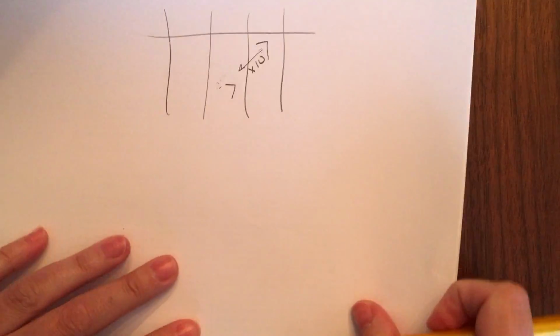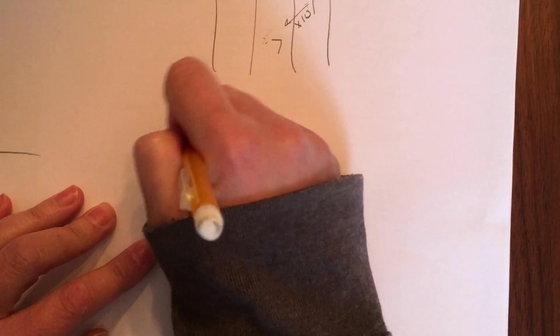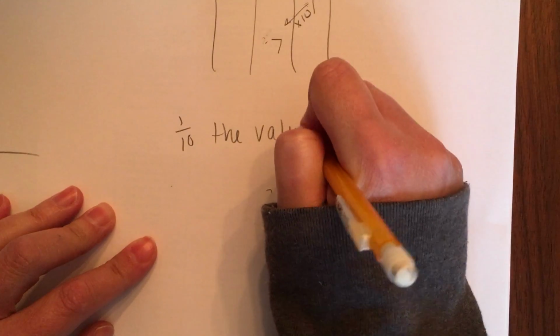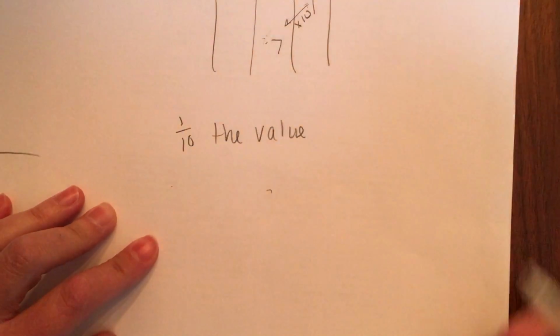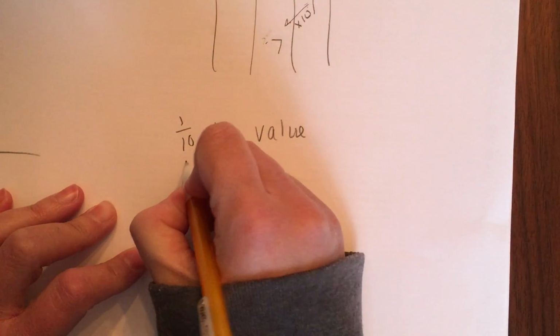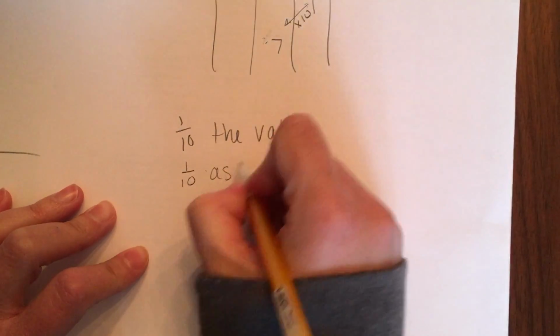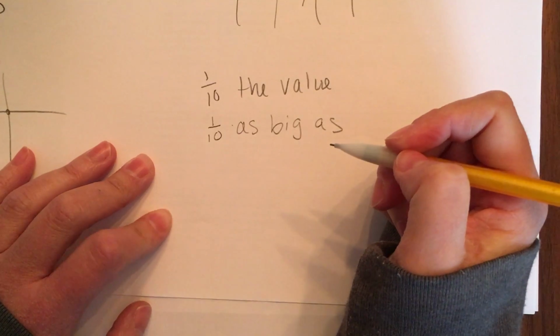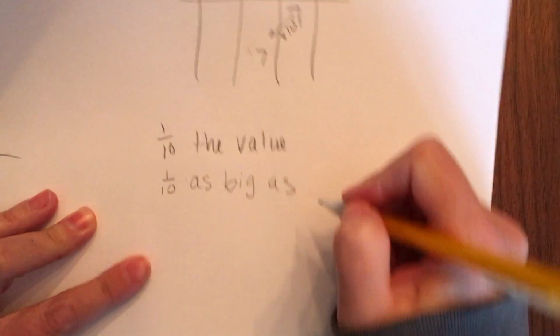So let's talk about what that means. 1/10 the value is the same thing as 1/10 as big as, or 10 times smaller.